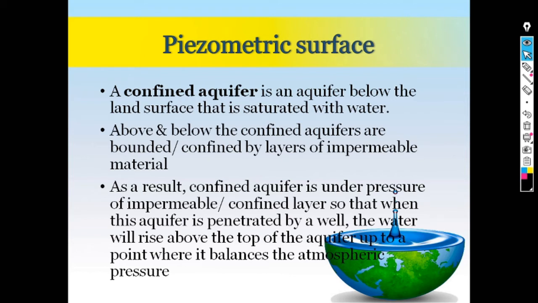So we can consider this to be a sandwich system where the aquifer is sandwiched between two impermeable formations. As a result, the confined aquifer is under pressure from the impermeable confining layer, so that when this aquifer is penetrated by a well, the water will rise above the top of the aquifer up to a point where it balances the atmospheric pressure.